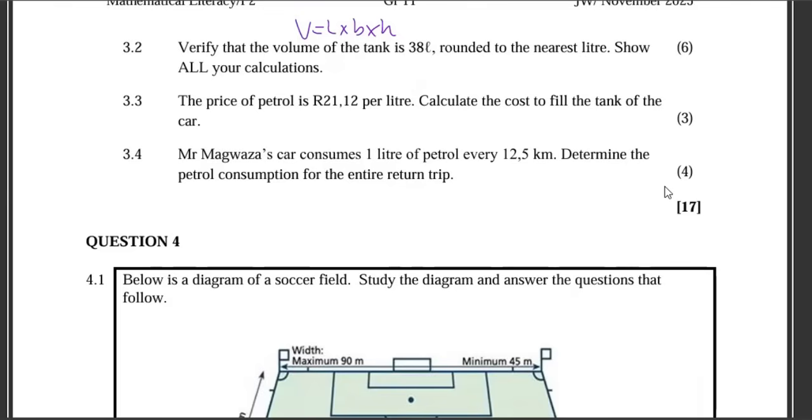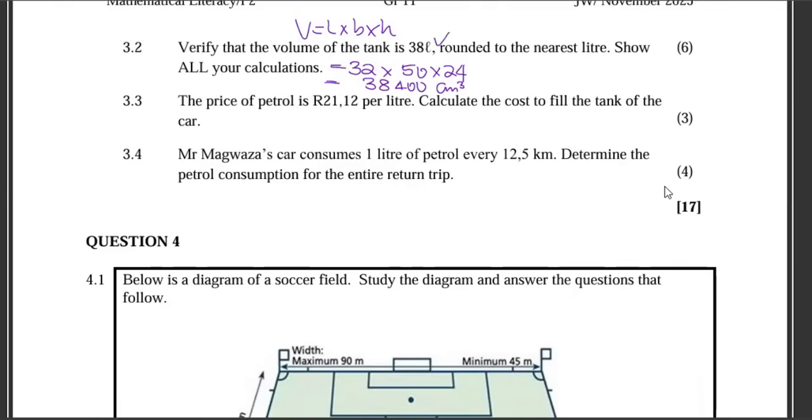So we shall say 32 times 50 times 24. Remember everything we changed to centimeters. So this one gives you 34,400. So these are centimeters cubed.